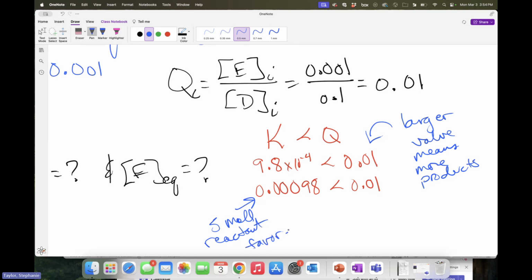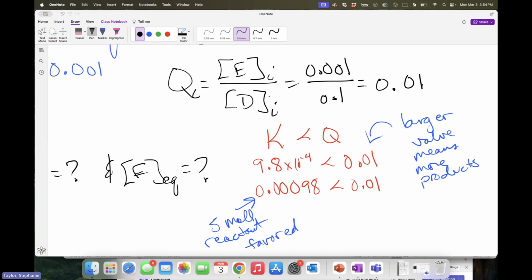My K value, 10 to the -4th, tells me I should have mostly reactants by the time we're finished. My Q value is larger than K. That says Q is like, I found all this stuff. It's actually a lot of products compared to K. So since there are a lot of products in comparison to K, this is going to go back towards the reactants.